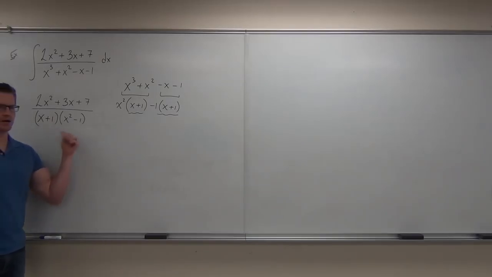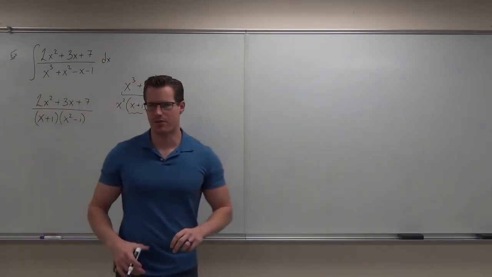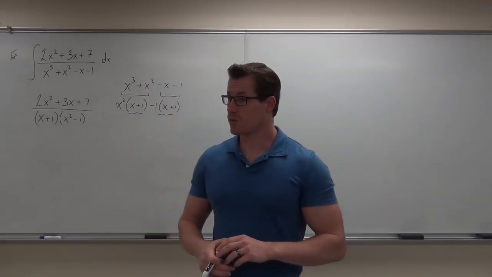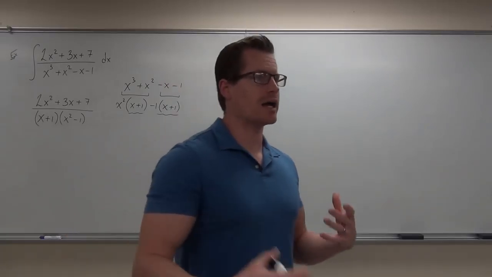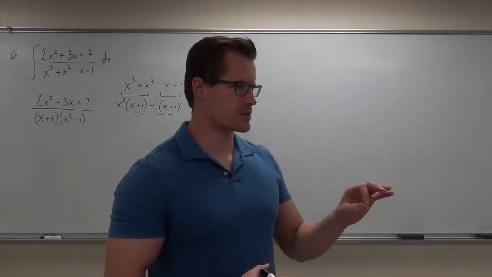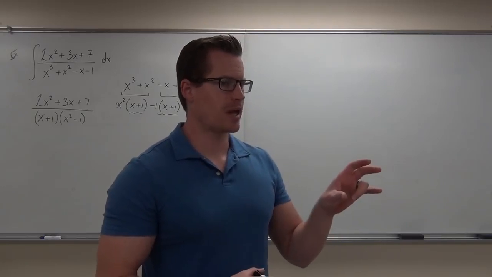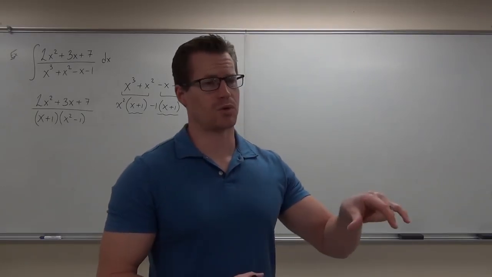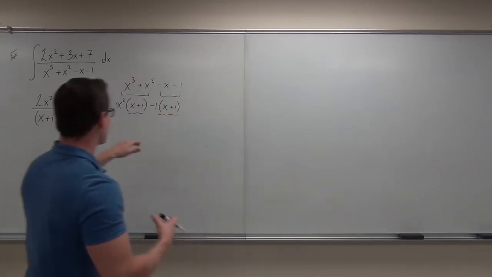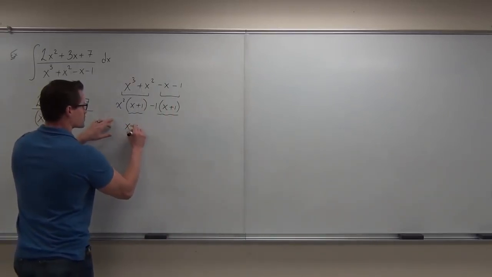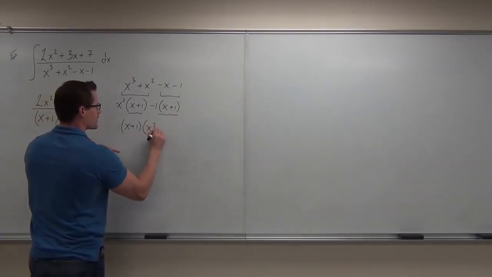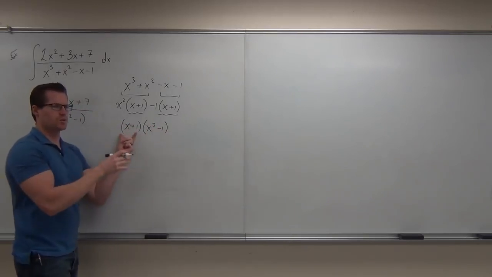Now, is this good enough for us? What's the problem with that? Okay, so when we say factor, we imply factored completely. Factor means linear and or irreducible quadratics. So if I end right here with x plus 1 and x squared minus 1, this one's great. That's linear.